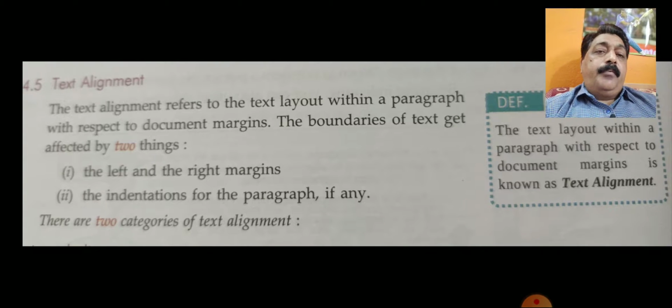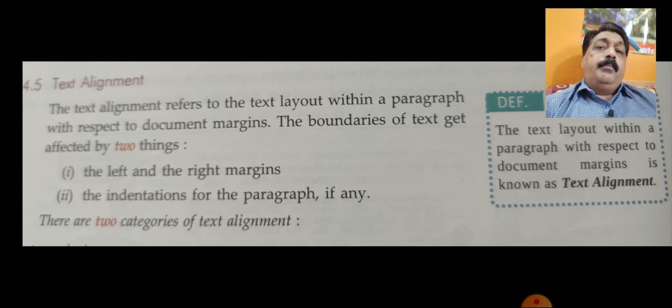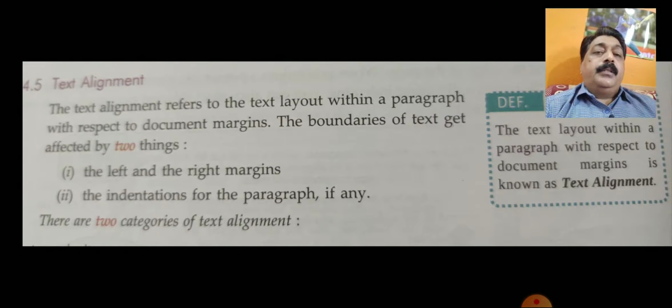The first one is left aligned, which means whatever text you are typing will come to the left side only. Next is the right alignment, where the text will go to the right side. The third one is the center alignment, where the text will come to the center. If we are typing a poem and want to bring the text to the center, we can.